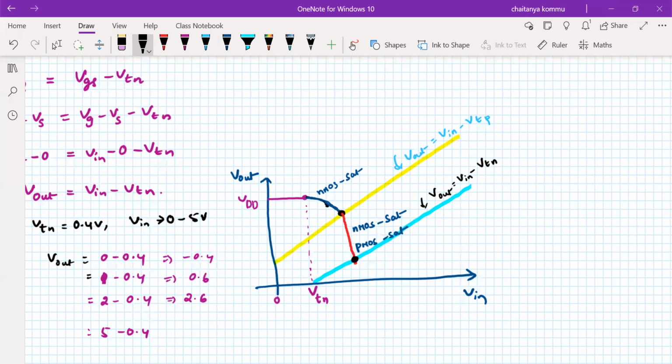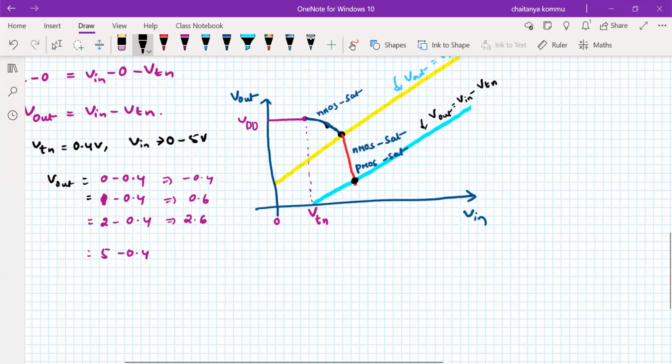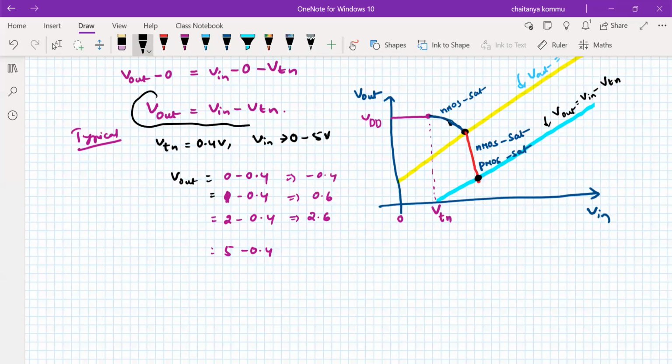Okay, so that's what we observe. So this is the point that we need to observe here. Right? So for the sake of completeness, I'll write: the PMOS is in linear. Here, NMOS is off, completely off.